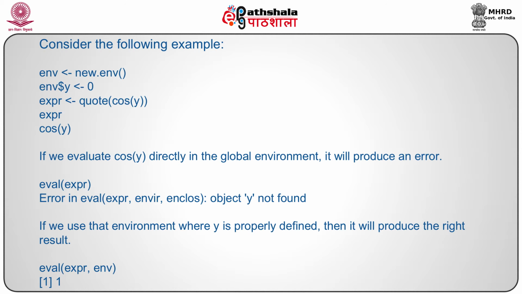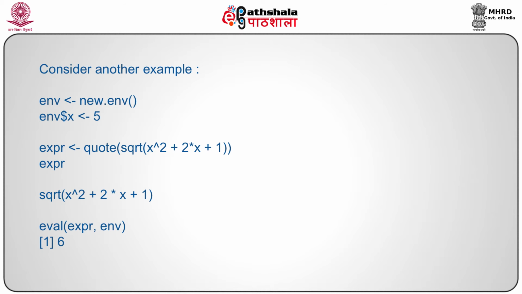So the whole thing depends on whether you are assigning a value to the variable within the environment or not. On the basis of that, your output will change. Now consider another simple example. Here, we are considering a new environment and then specifying x equal to 5 in it.